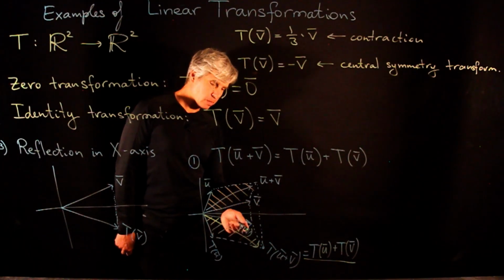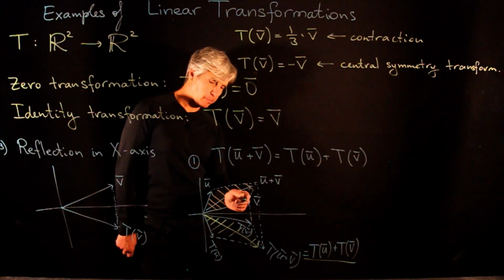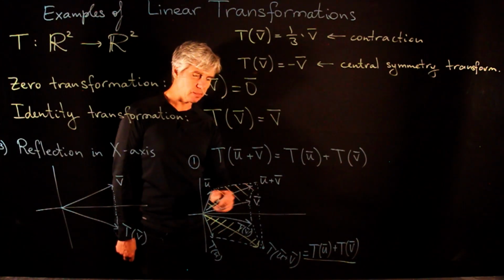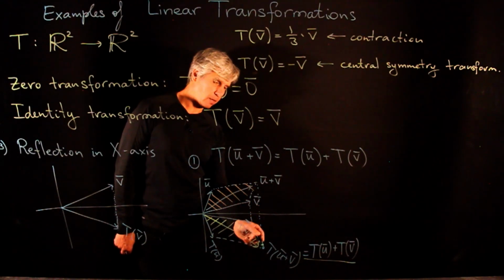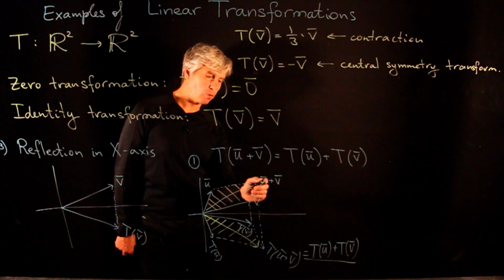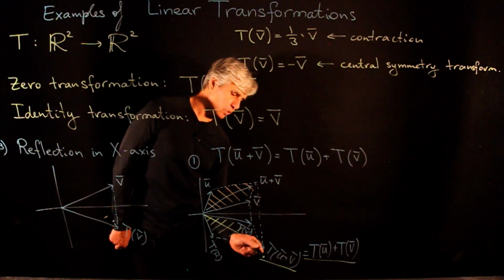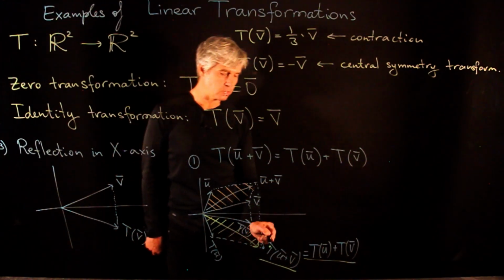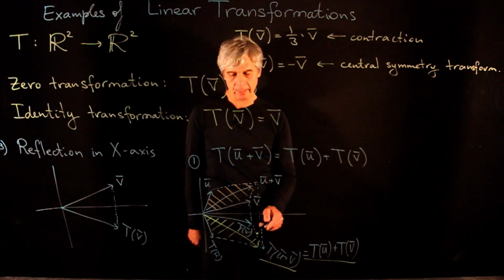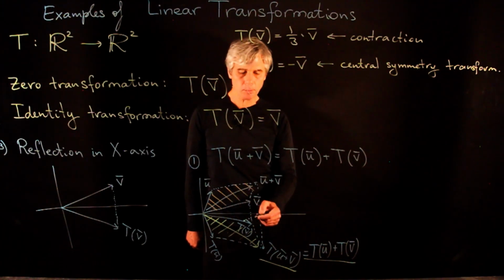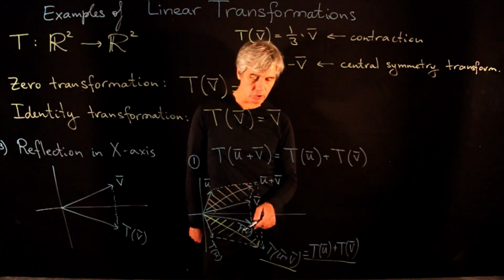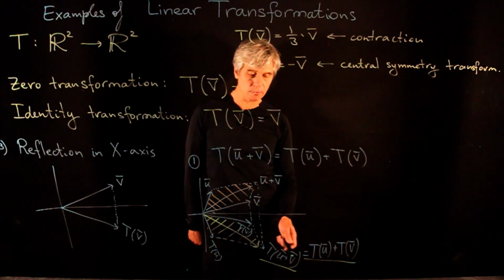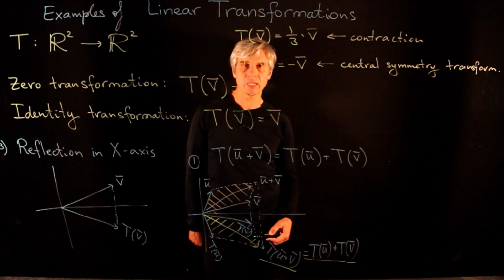And because this parallelogram is a reflection of the parallelogram on the top, this vector here is also the image of u plus v, so the same vector is equal to T of u plus v. Because of the geometric properties of this symmetry, the reflection transforms the sum of two vectors into the sum of their images.